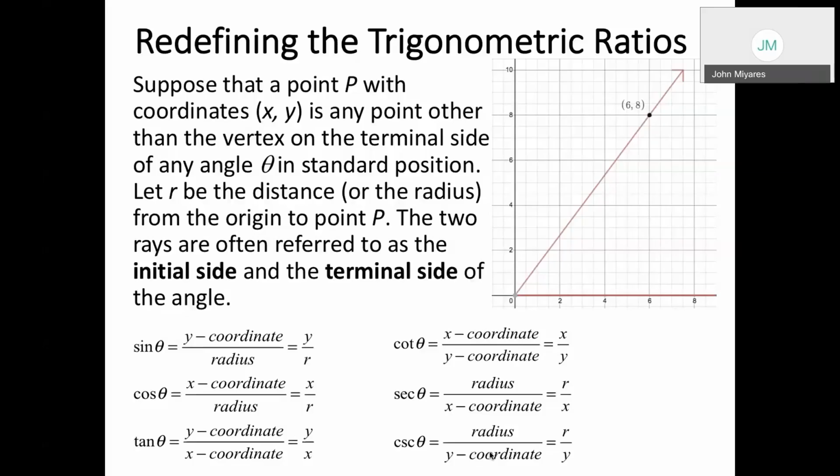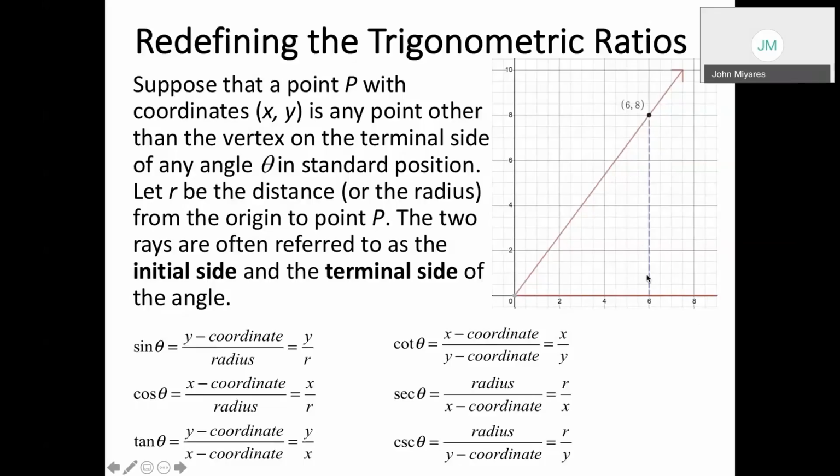We have this graph that shows an angle in standard position. The initial side is on the positive x-axis, and the terminal side passes through the point 6, 8. What we're going to do is draw a vertical line segment connecting point P at 6, 8 down to the closest x-axis to construct what I call a reference triangle.